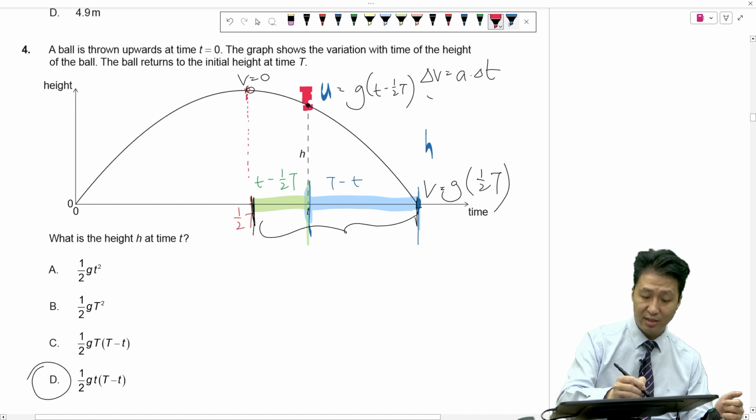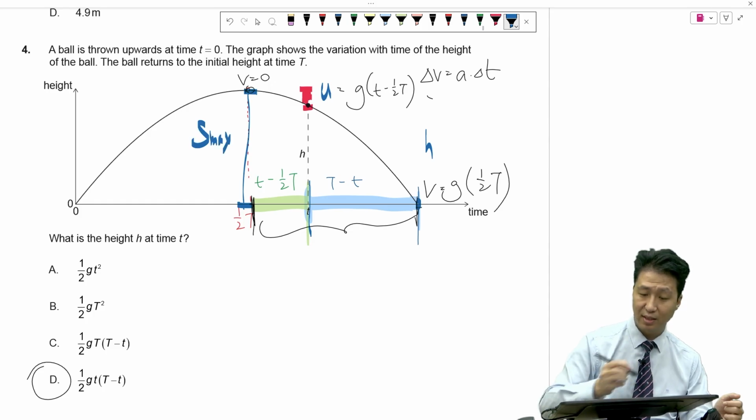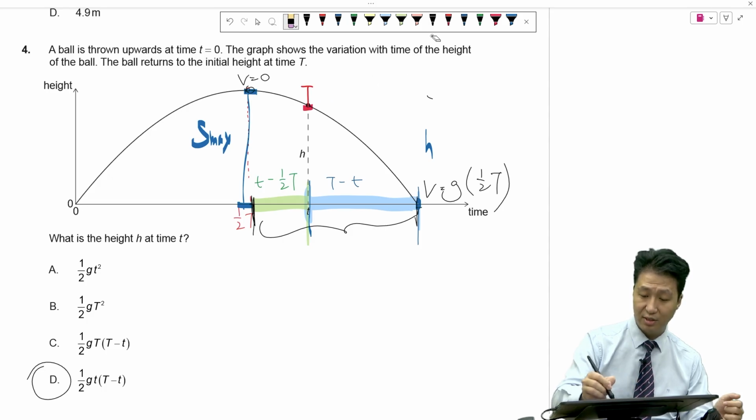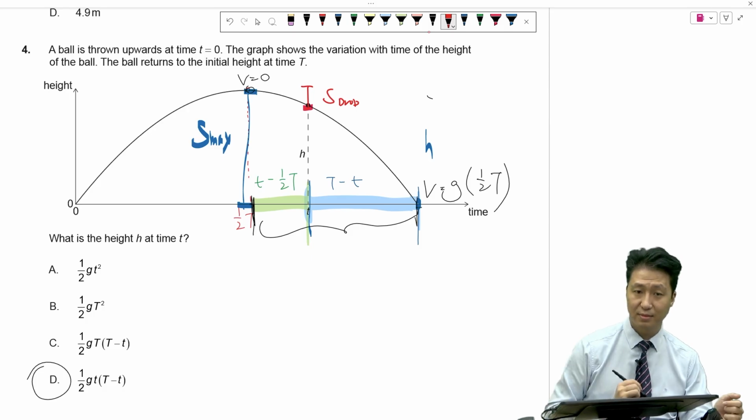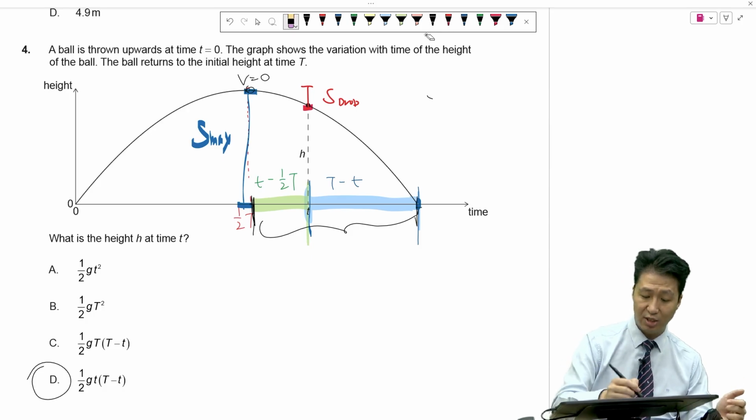So this maximum height, let's put it in blue, from here to here, let's call it X max. And this other drop from here to here, let's call this S drop. Now we have a very simple equation, and we'll take h to be equal to the maximum height minus the drop.